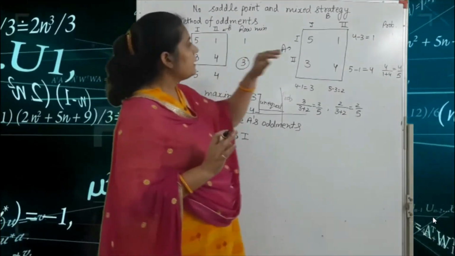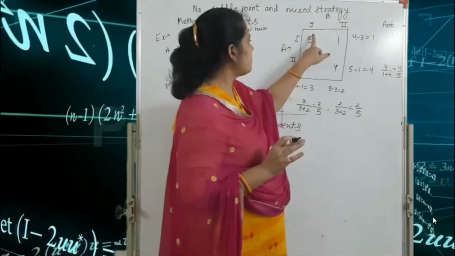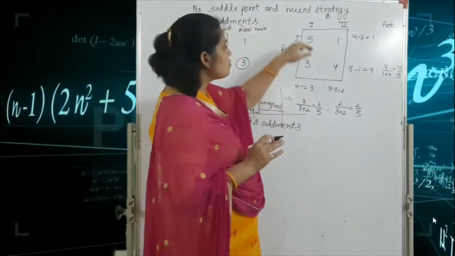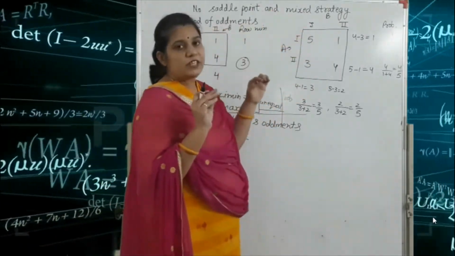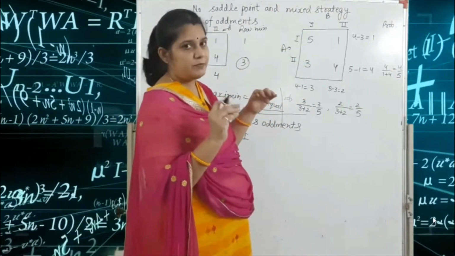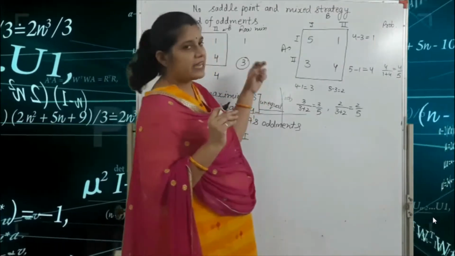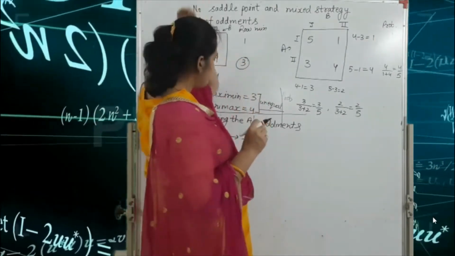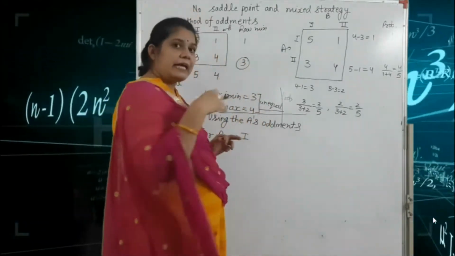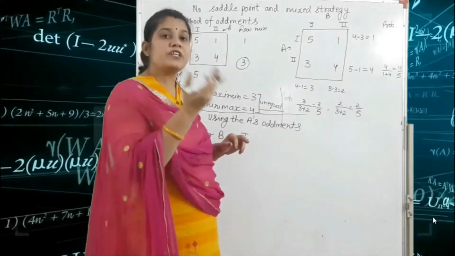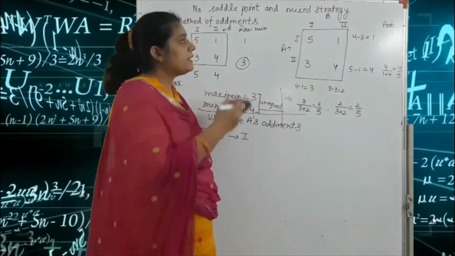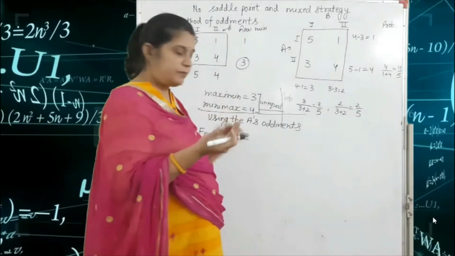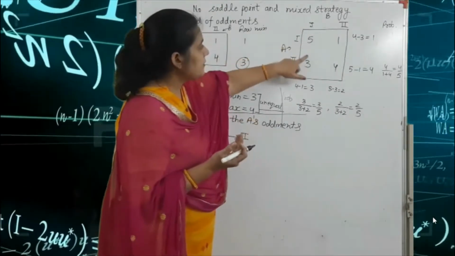This is a very tricky process, so listen carefully and see here. We find using the A's oddments, so we use the strategies of player B.